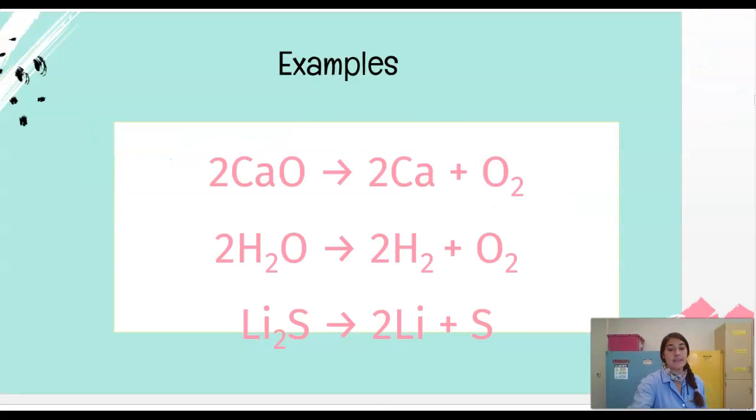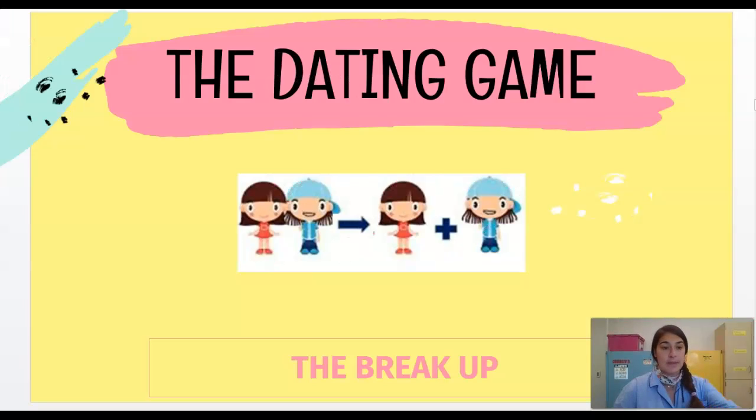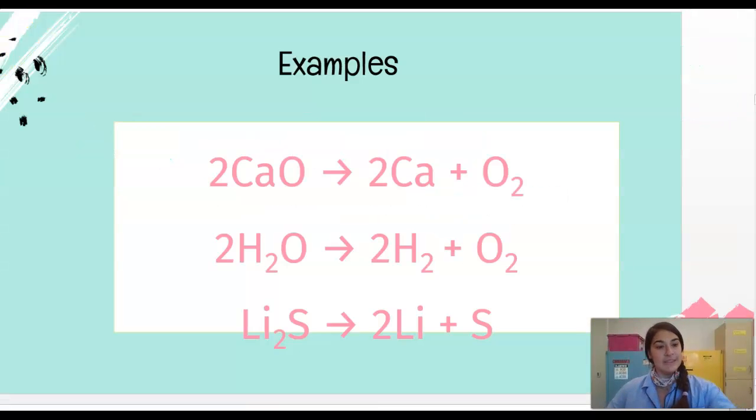So here are some examples with some real chemicals. You've got calcium oxide breaking down to calcium and oxygen, water breaking down into hydrogen and oxygen, and then we've got lithium sulfide decomposing into lithium and sulfur. Again, good idea just to take note, give a little circle, give a little reminder in your notes, pay attention to those diatomics, okay?